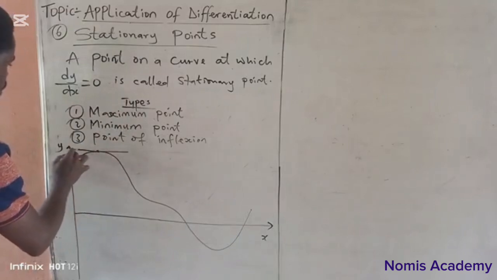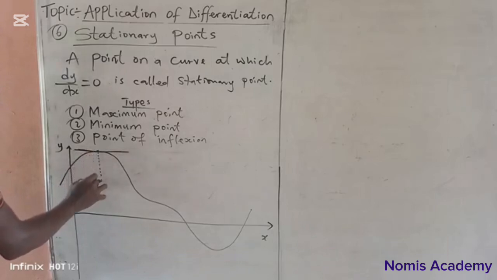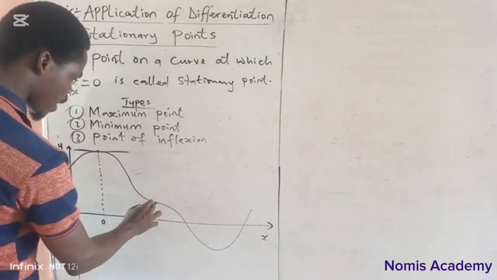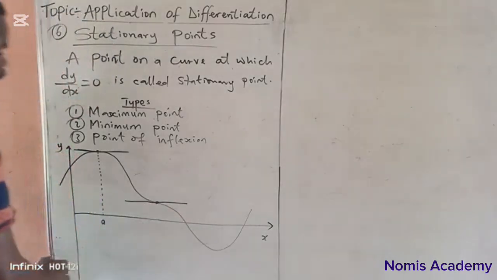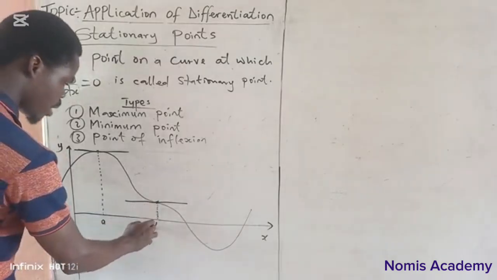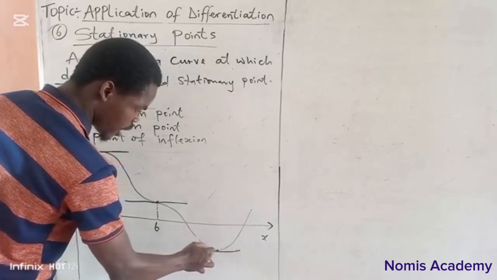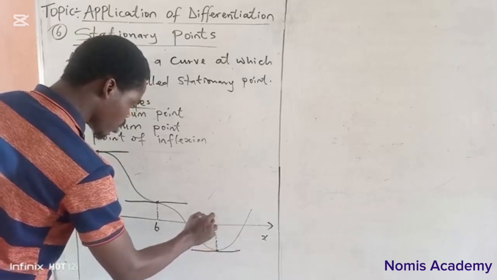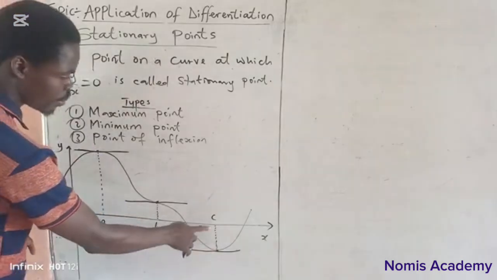We draw a horizontal line parallel to the x-axis, and let's call this point A. Then somewhere here you also have a point, you can draw a horizontal line parallel to the x-axis, and we call this point B. And at the bottom, you can also draw a tangent at this point, and call it C. So this is point A, point B, and point C.